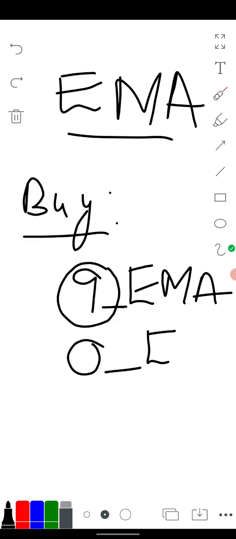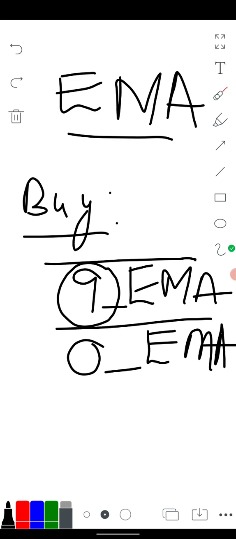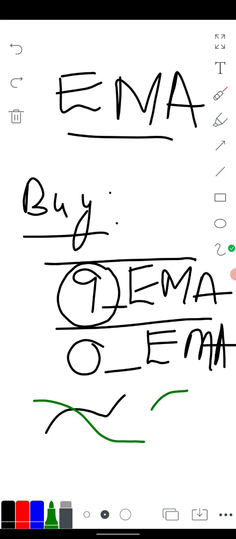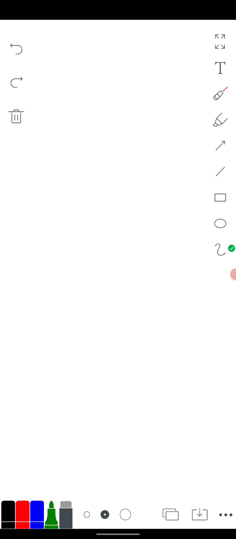And 0 EMA means there is no line, only a single line is there. Because we will be having double cross EMA, where we will be having multiple lines crossing over, and just like SMA we have EMA also, where 0 EMA and 9 EMA are present. Let's look at some of the types of this EMA, and after that we will be practicing some on Fyers.